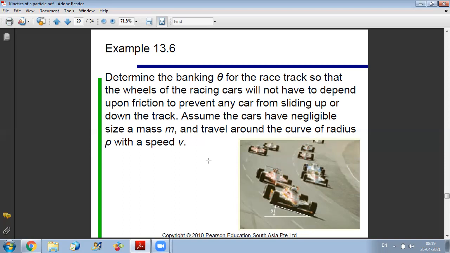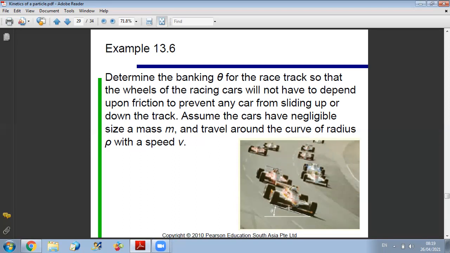So the radius of curvature is rho, and we want to express that as a function of rho and the parameters in the problem: rho, v, m, maybe.